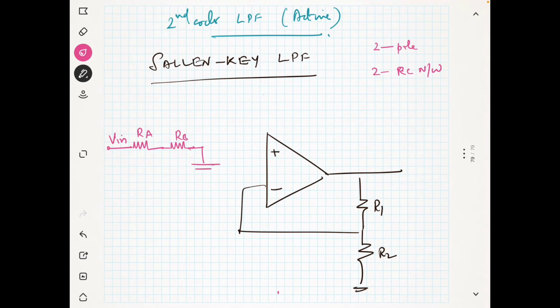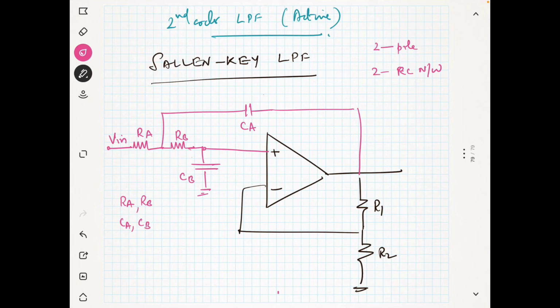Then you have a capacitor here which is CB, and you have another capacitor, this is CA here, which is connected to the output, and this part is connected to the input. So you have RA, RB and CA and CB connected like this.